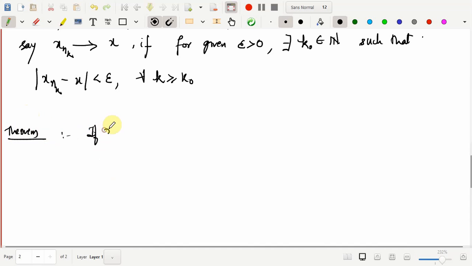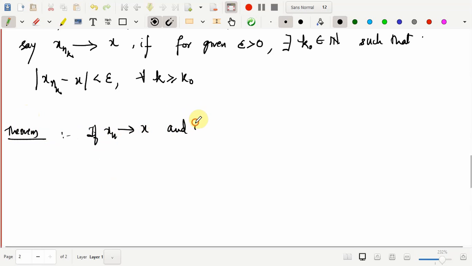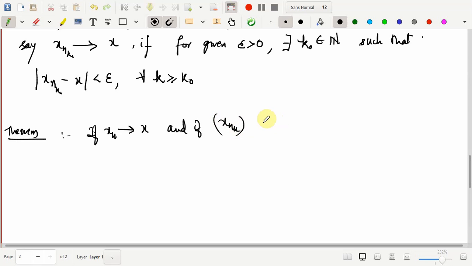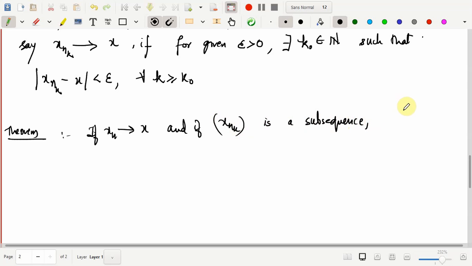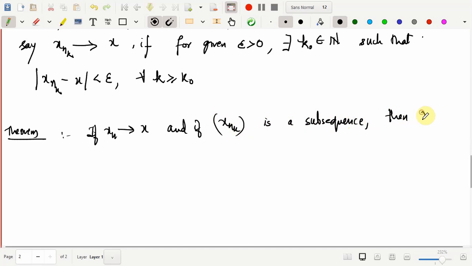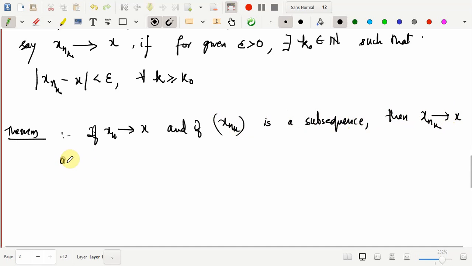If x_n converges to x, by the way, I'm talking about a real sequence, and if x_{n_k} is any arbitrary subsequence, then x_{n_k} also converges to the same limit as k tends to infinity.